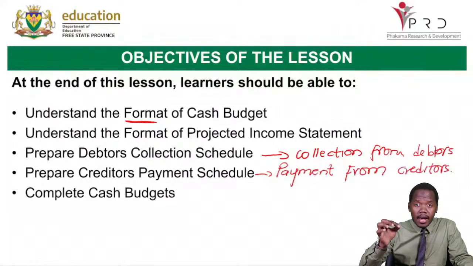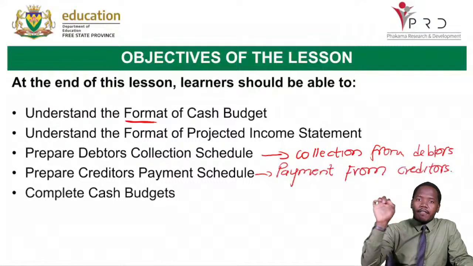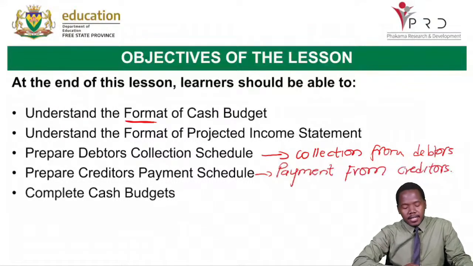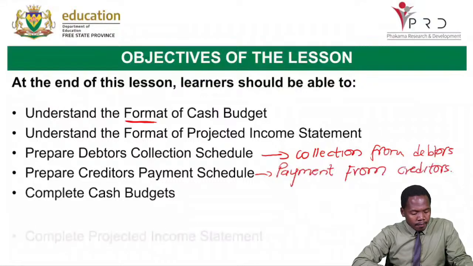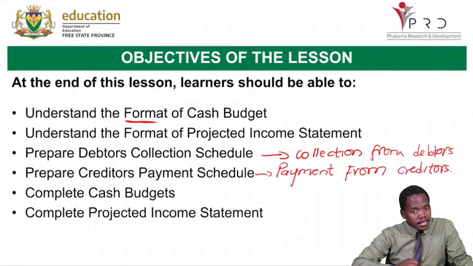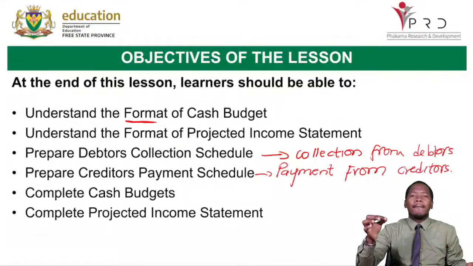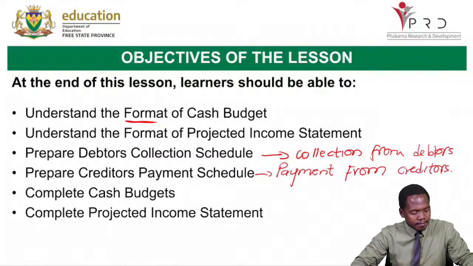But in grade 12, you are given certain figures in your cash budget, and then you have to complete the missing figures. The same thing applies in the projected income statement. They will give you certain figures. What you need to do now is to complete the remaining figures.